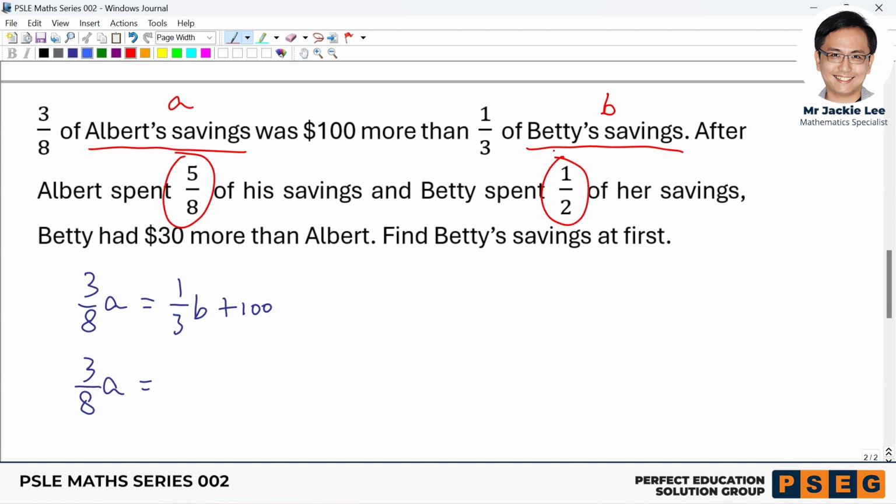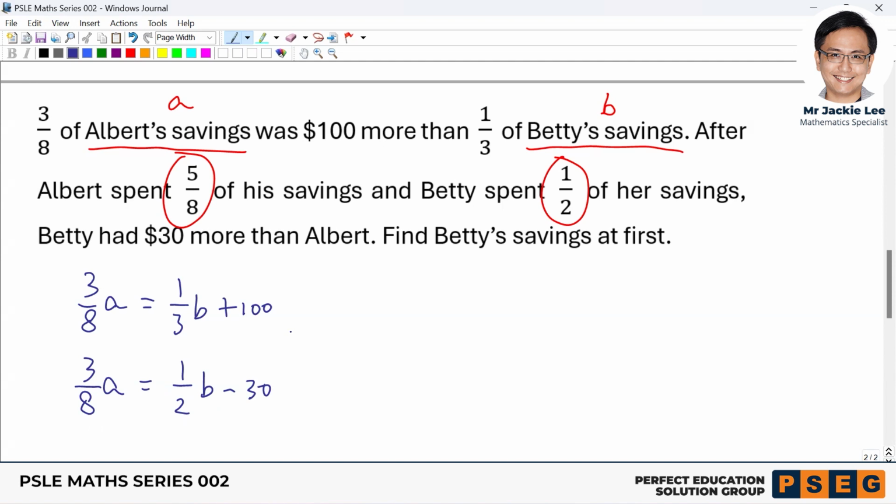So this one we should have half B. And half of Betty's saving left behind is actually getting more now. So this number is larger than this number. Therefore, I think we should put the minus 30 on this side. Do check carefully which side we should put the plus 100 and minus 30. Okay, double check, I think it's all right.